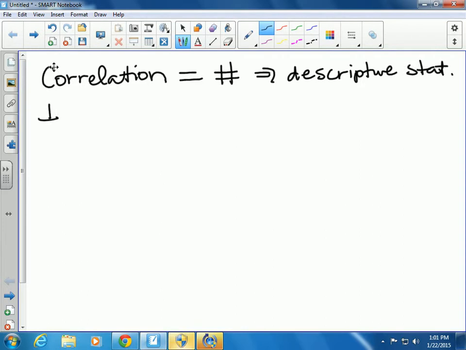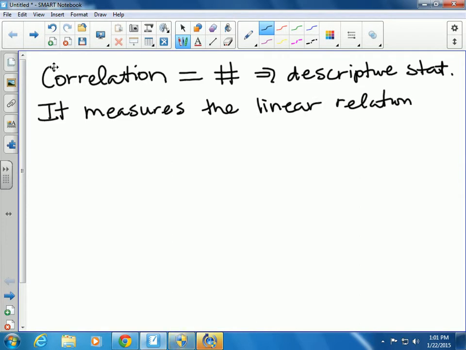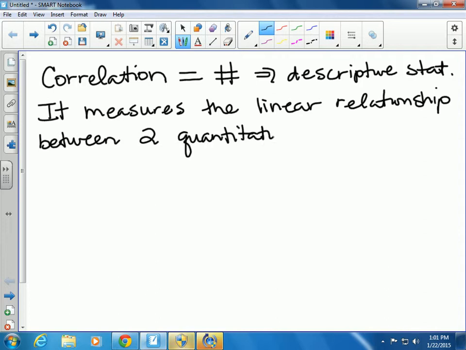It measures the linear relationship between two quantitative variables. And what's key is that it measures the linear relationship.